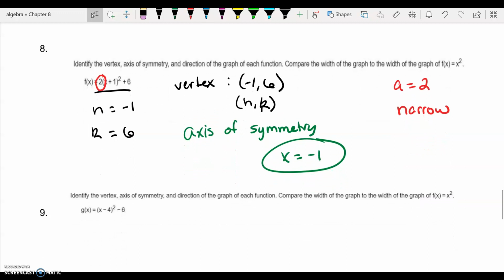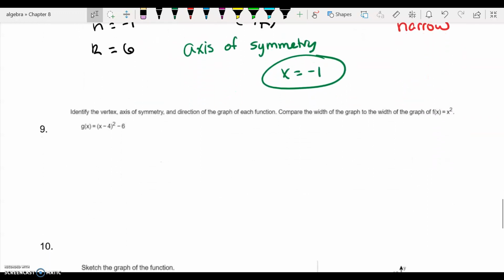Number 9, identify the vertex, axis of symmetry, and direction of the graph of each function. Compare the width of the graph to the width of the graph of f of x equals x squared. Again, guys, do not forget to ask questions if you have them. Also, if you need to, you can pause the video at any point. So my vertex on this one should be (4, -6).